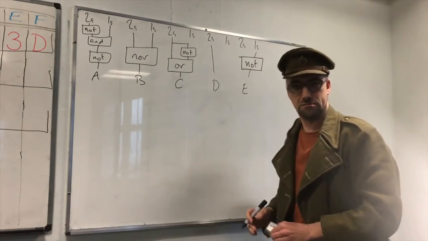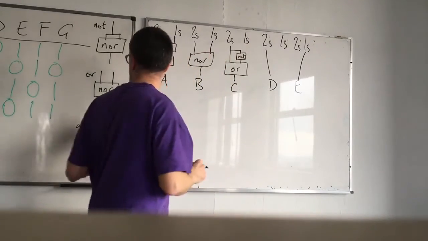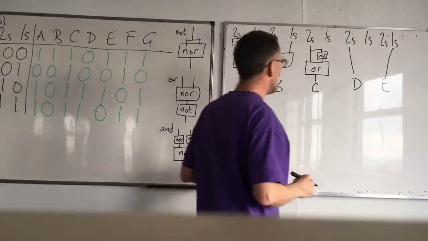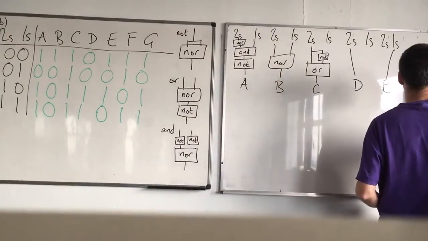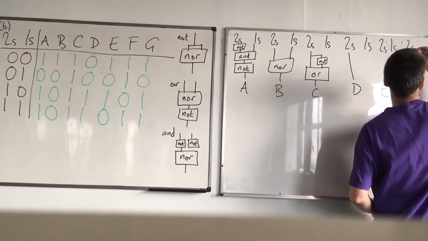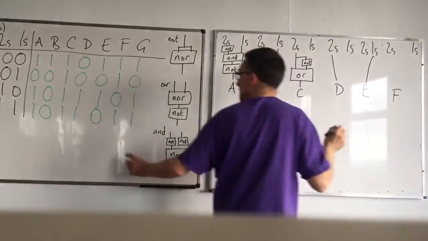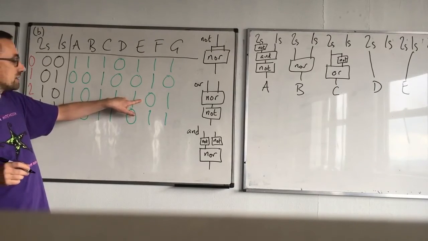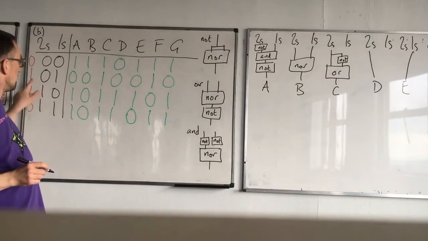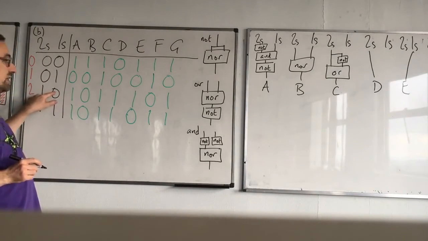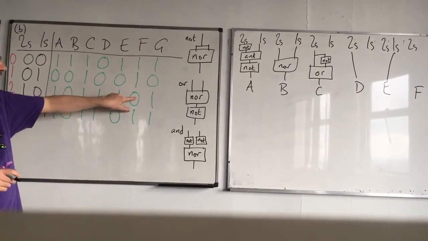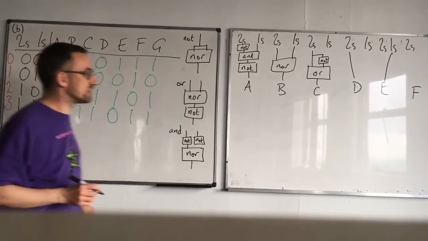See you later! We have F, and it's a lot like A, but not quite. Again, there's only one bit pattern we want to reject, and that's the bit pattern 1, 0. So first of all, we build a detector for that bit pattern, a detector for 1, 0.